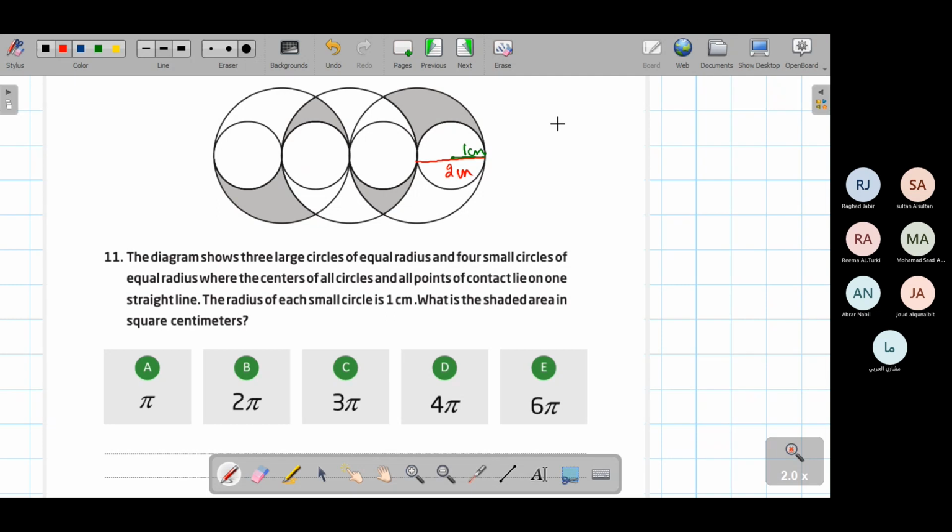So now I know that the large circle has a radius equal to 2 centimeter, and the small circle has a radius, let's write it as a small r, equal to 1 centimeter. But now we want to know the area of the shaded region.